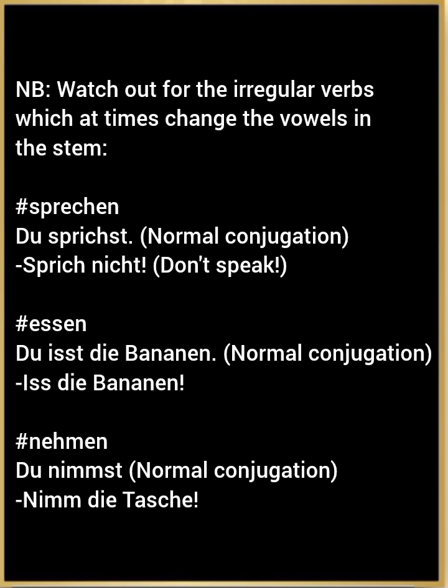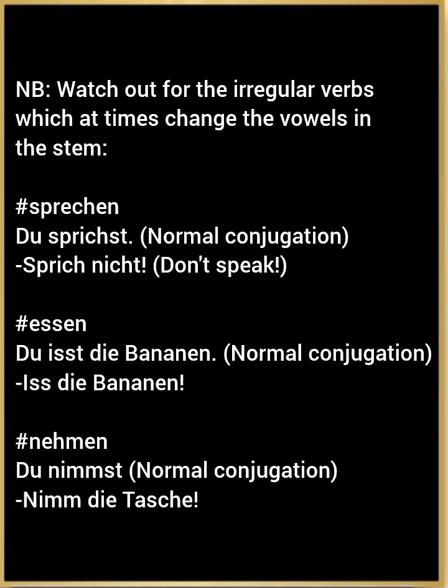You can see what's happening here. Another one is nehmen, to take. Normally it is du nimmst. If I remove the du and the -st, I remain with nimm. So: Nimm die Tasche. Take the bag.